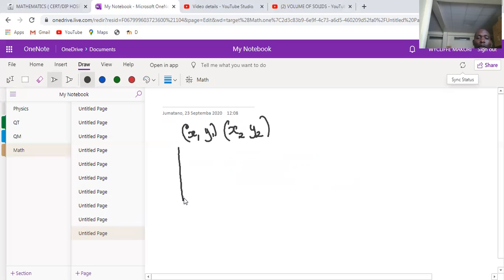If I put that on a graph, if you have a line like that, this is the point A. Let us call these the coordinates for A, and these are the points for B.